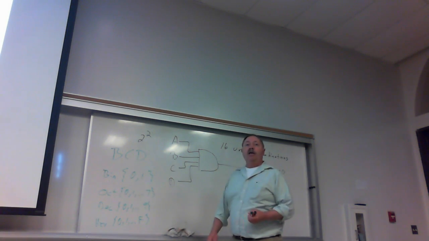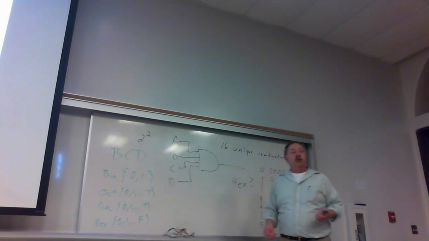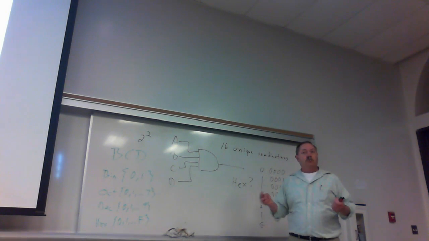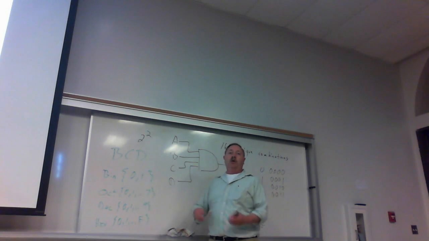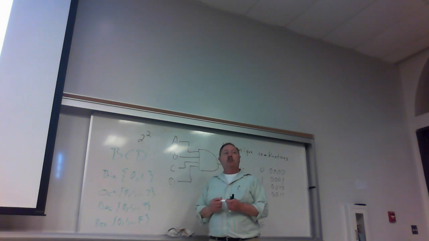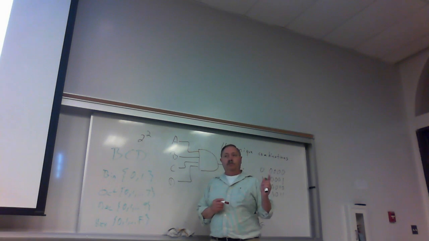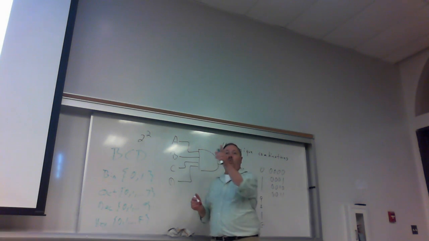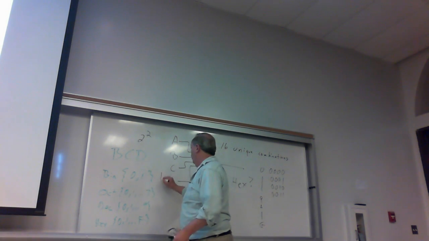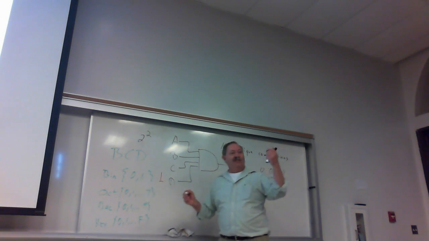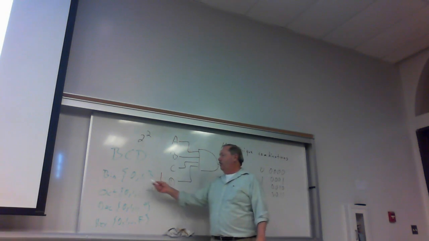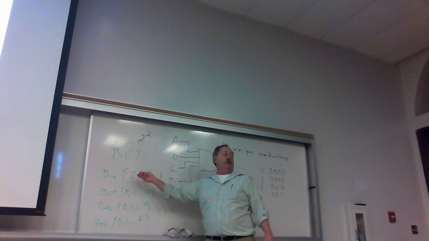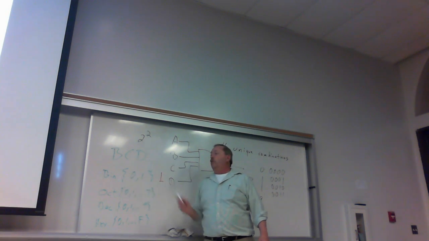So in the case of binary, how many bits do I need to be able to represent 2 unique combinations, 0 and 1? How many bits? No, 1. Because it's a 0 or 1. Exactly. 1 bit can represent 0 or 1, which is the complete alphabet for binary.